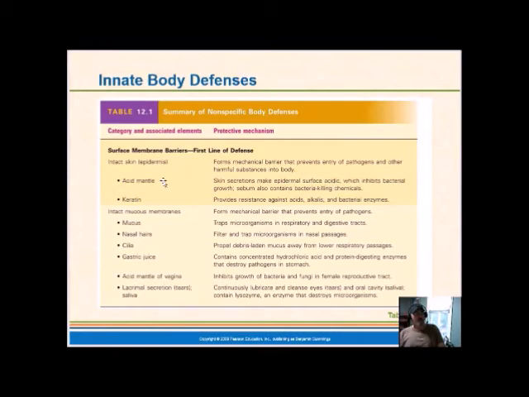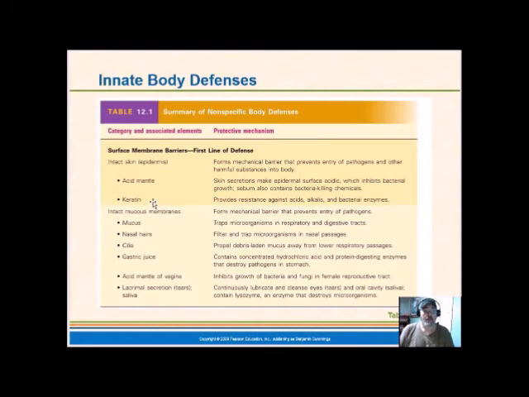So acid will kill most of the things that could cause harm to our bodies, because most organisms live within a narrow range. So if we've got acids on our skin, they're going to kill most of the things that would live in that 7.35 to 7.45 range.